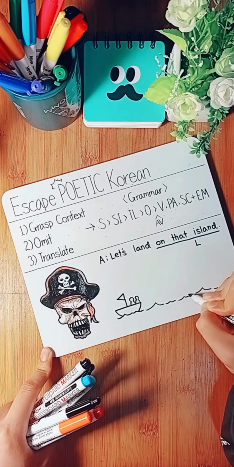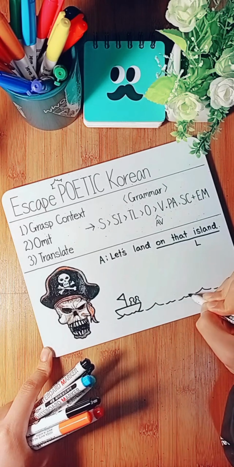Their ship is damaged, so they can't keep sailing, so they have to land on that island. Okay, so let's take a look. So in this case, which word out of the 4, 6 actually, but I'm just going to say 4 just to simplify things. You have to know 4. It is better to know 6, but you're pretty much safe with 4.